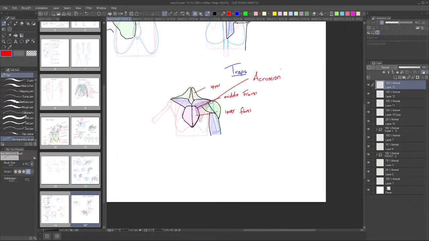So that's an important bone landmark. So here, like 25 more minutes to work on the traps, eh?